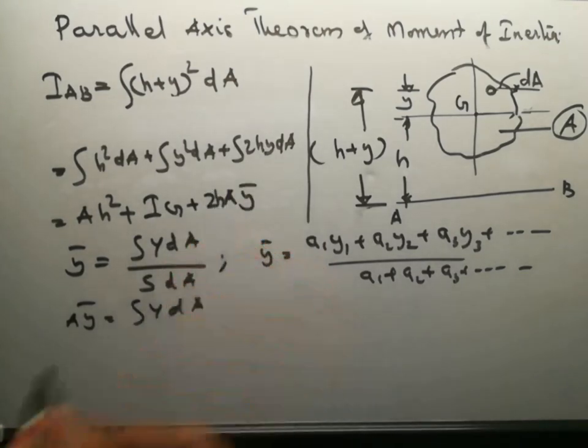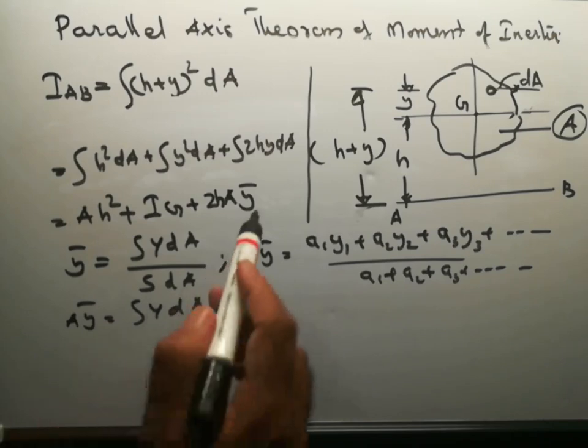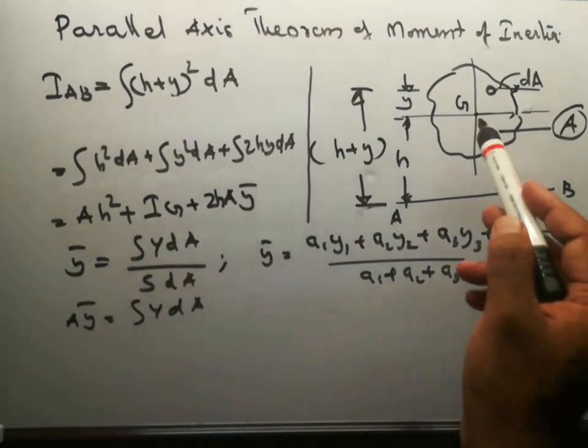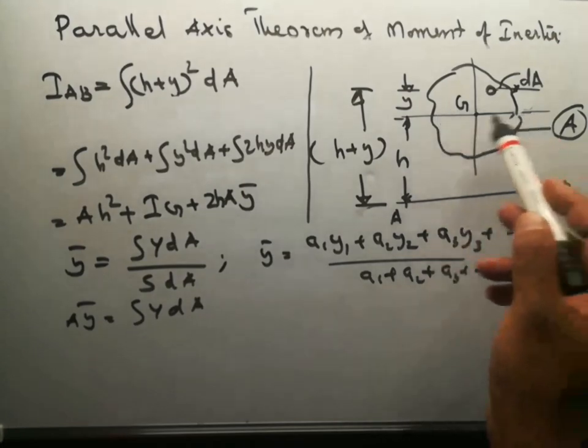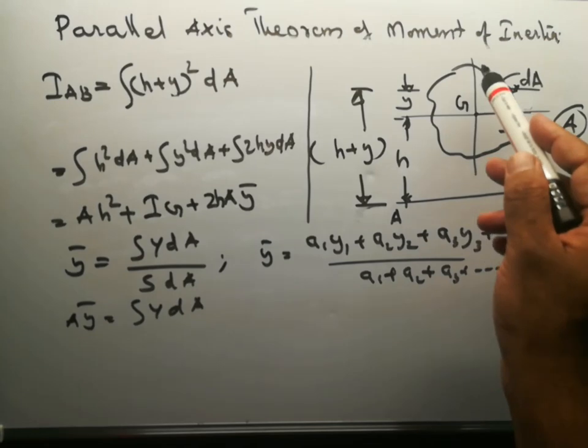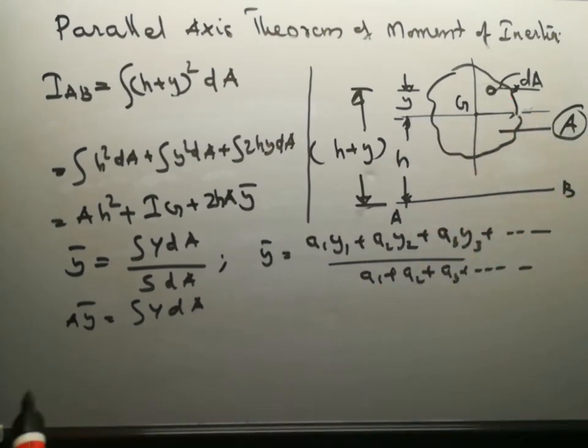So here we have integral y dA, and h is also here: 2h into A y bar. As we consider the moment of inertia about its centroidal axis, y bar equal to 0.